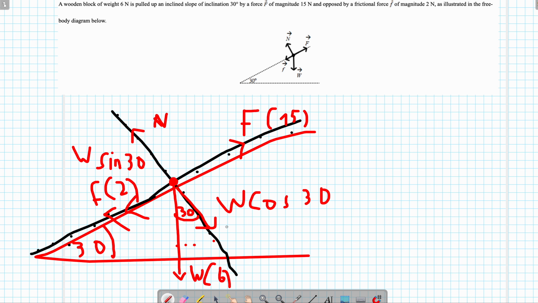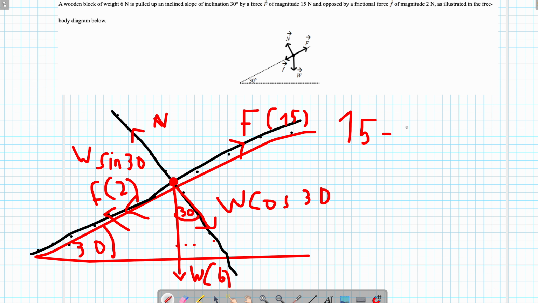Okay, so all we need to do is add the forces to the right and subtract the forces from the left.